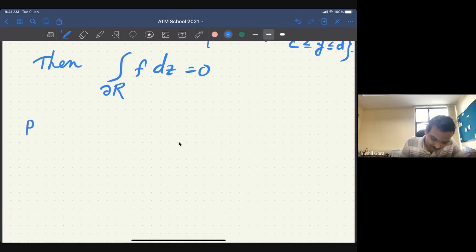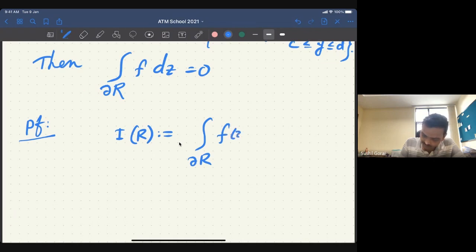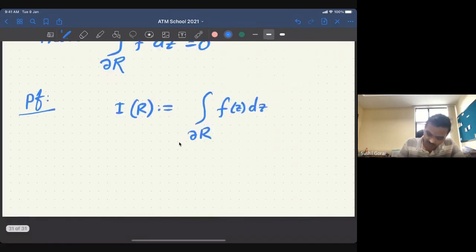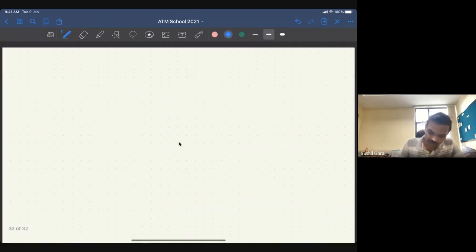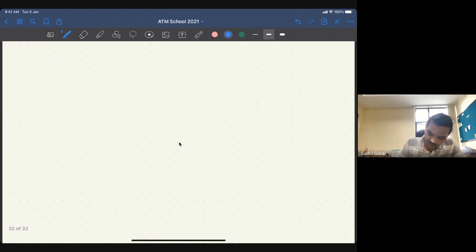So, proof. Consider, and define this integral to be I_R, or the integral of f dz, whatever. Now, let's go to the next page.